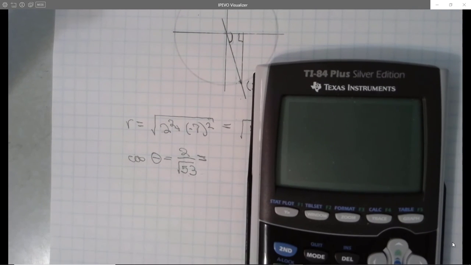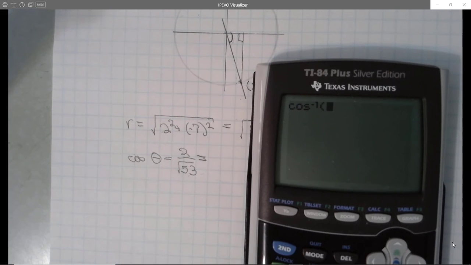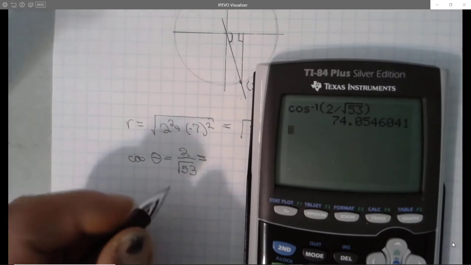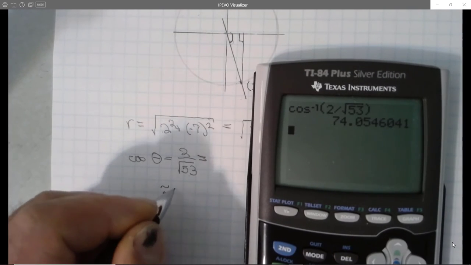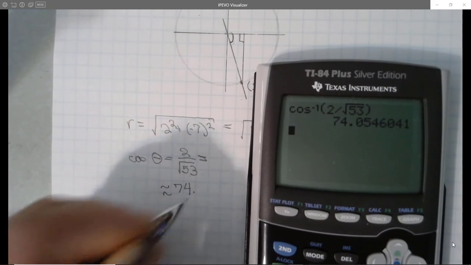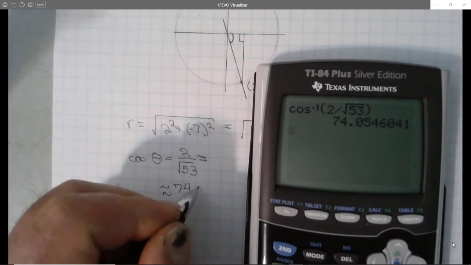So the inverse cosine of 2 divided by root 53, we come up with approximately 74.0546.